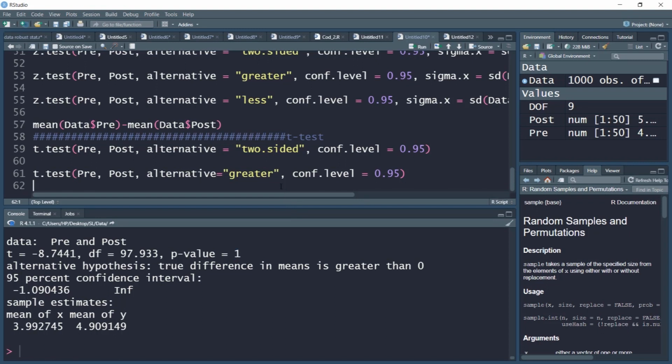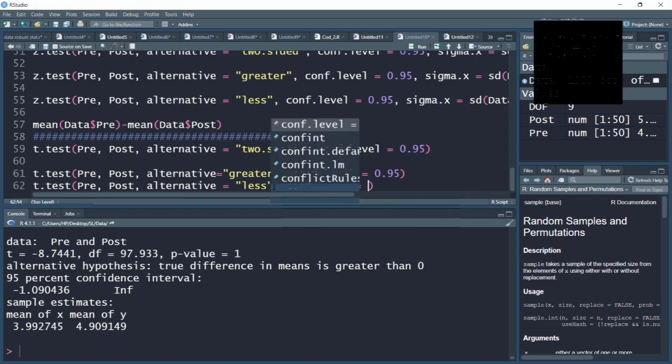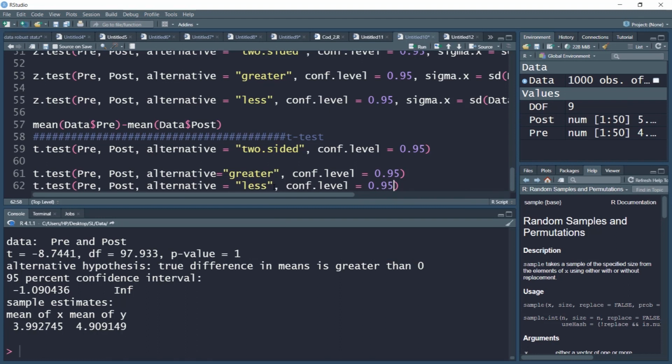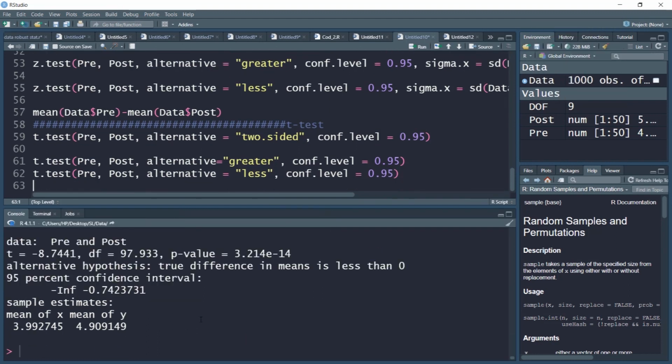But to check the statistical significance of that and prepare our hypothesis design around it, we'll rather use the upper tail. That means we'll use the less argument. We'll put our alternative as less. That means post is greater than pre. So post minus pre is on the positive side and pre minus post is on the negative side. So we'll set the confidence level as 95% and let us run this.